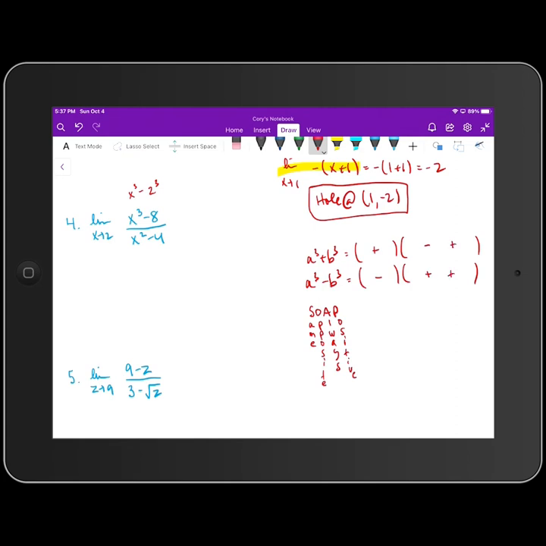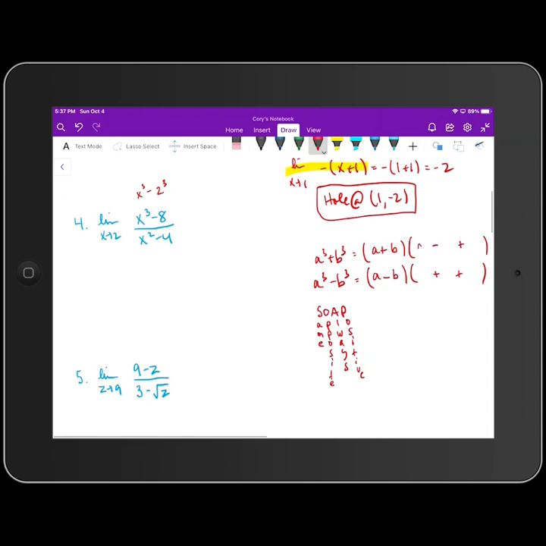Okay, so all we have to do to get our terms in our binomial and trinomial is this: our first term is going to be the value of that first factor. So we're taking a and raising it to the third power, so that first term is going to be a. The second term is going to be b. And then for the trinomial, the first term is going to be a squared.